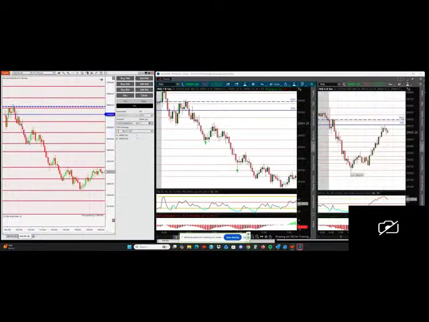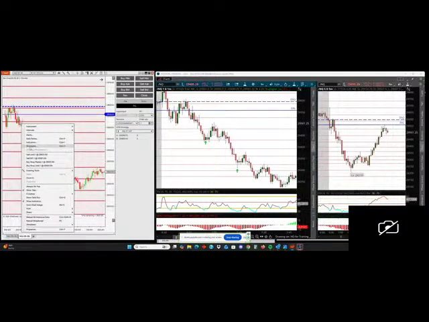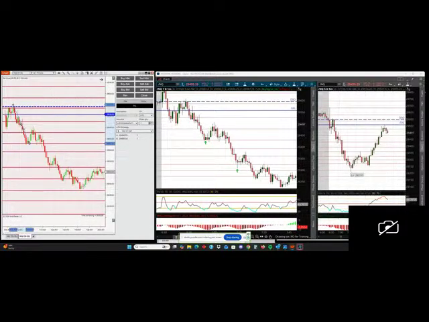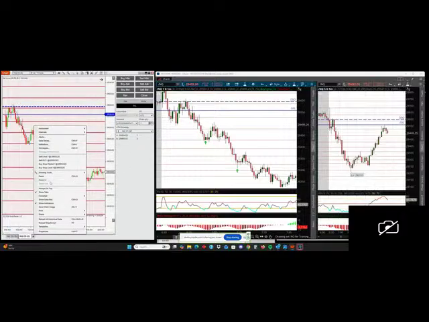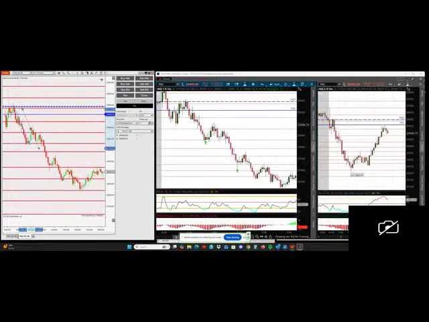From here to here. And if I duplicate that, see, that's basically the same. And then this leg down got smaller and smaller, and then the market kind of bottomed right there.